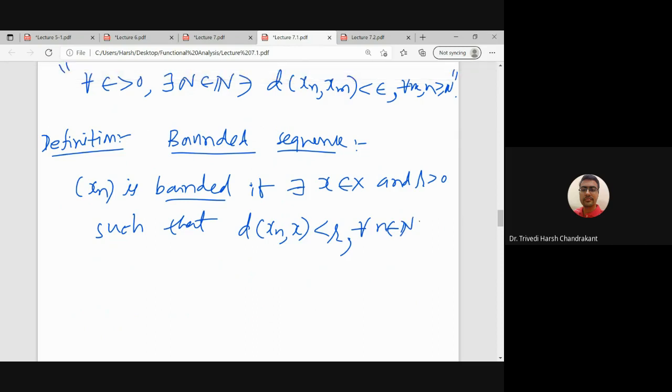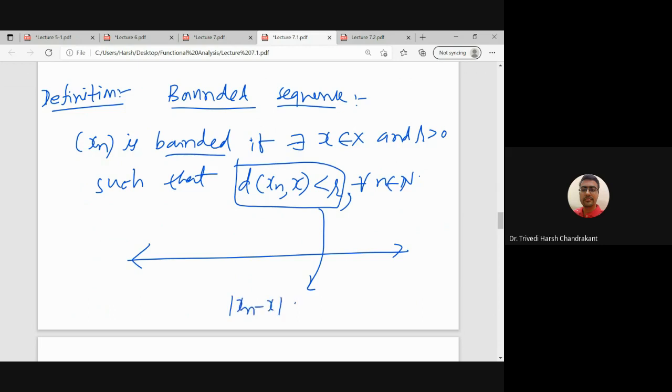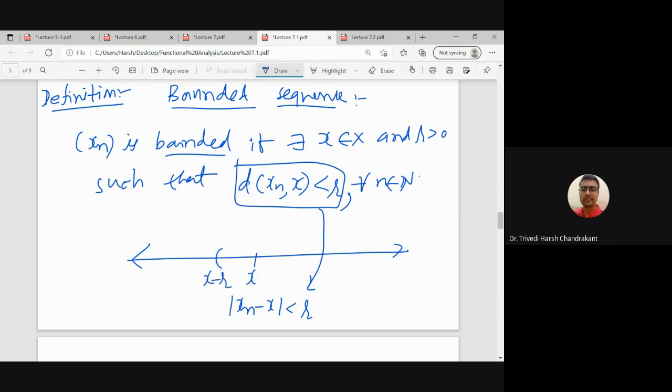So this is basically the usual bounded sequence in the real line. Whenever the distance of xn from x is less than r in real numbers, that means modulus of xn minus x is less than r. So xn belongs to the set x minus r to x plus r, right? So each xn belongs to this open set.